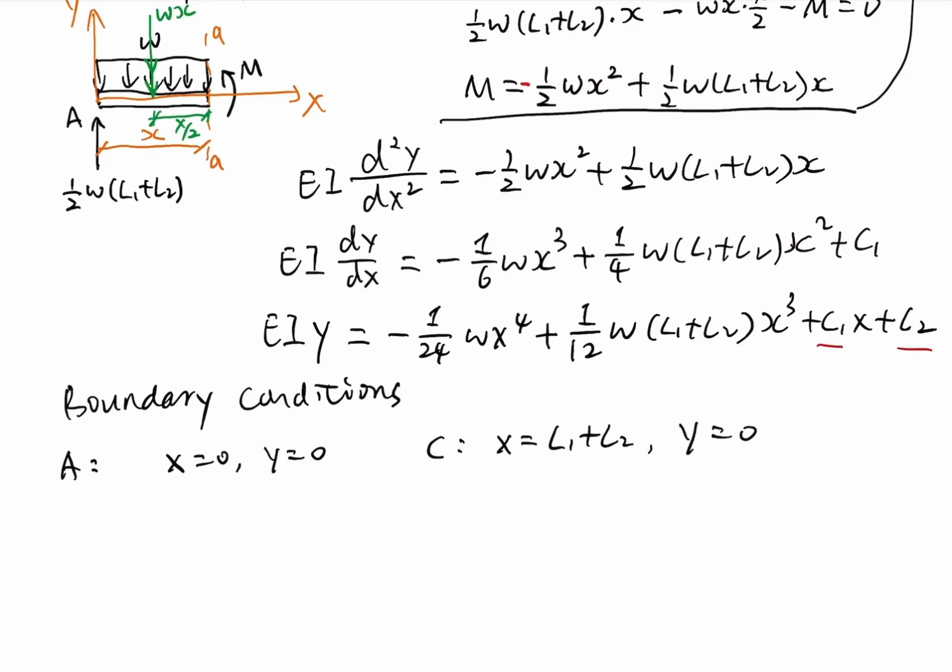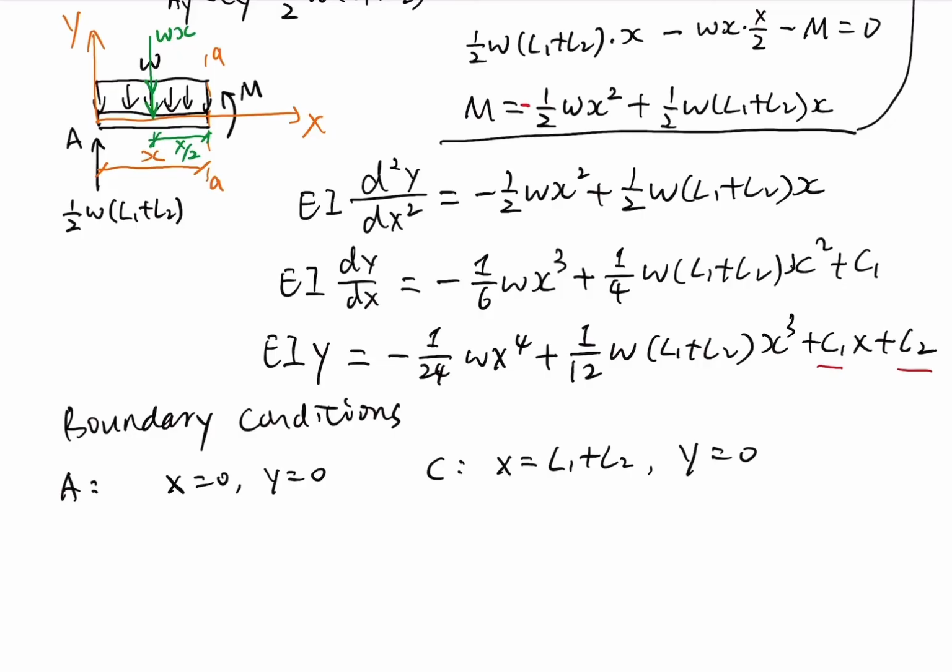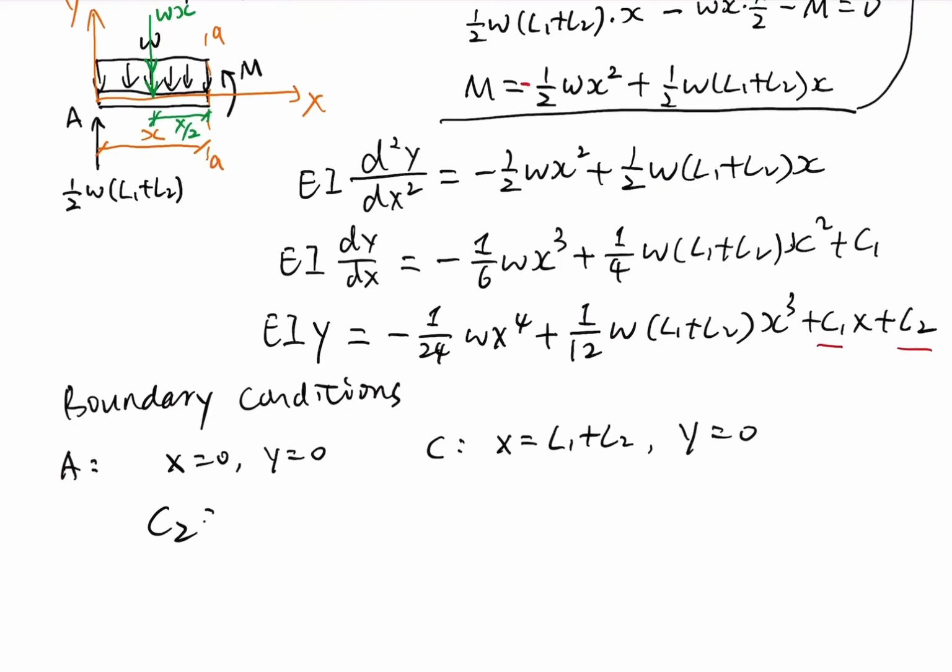If we apply the first boundary condition, x equals 0, y equals 0, we will have C2 equal to 0.